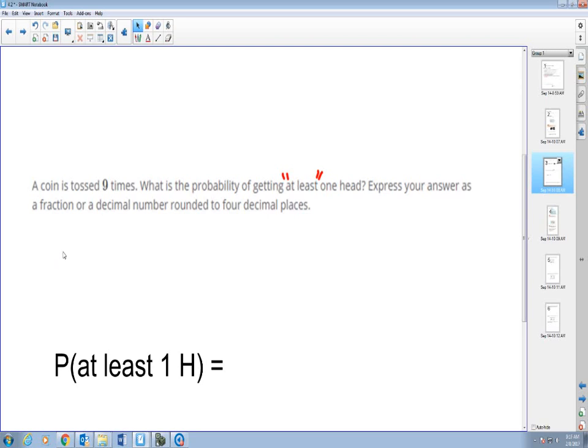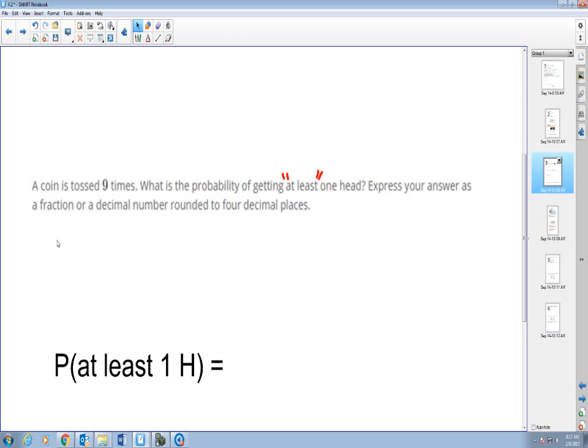This is a very interesting problem. At least one head. So let's think about this. Out of the 9 tosses, what can I get?